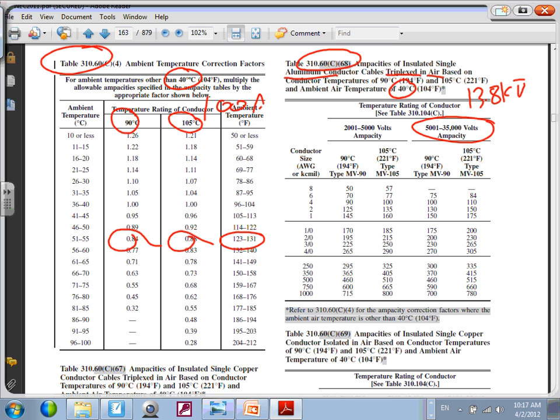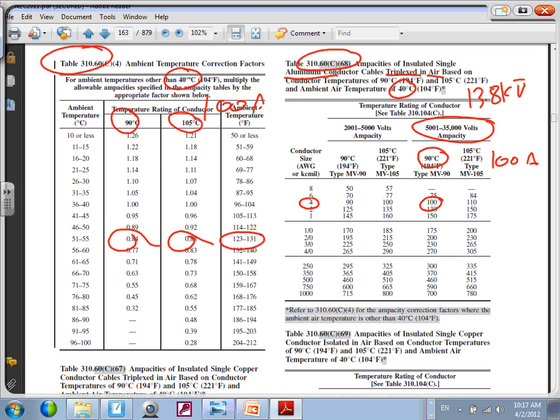Which insulation should I use, Chad? Default is 90. And what's the size of the equipment I need? Say I need to size a cable for 100 amp. Come over here. Which one can give me 100 amp? I have number 4. Number 4 conductor can give me 100 amp.